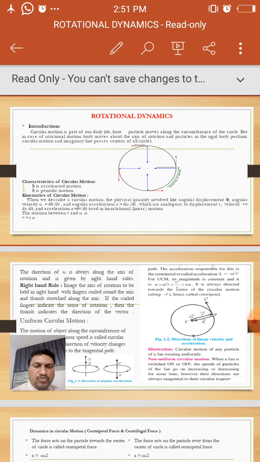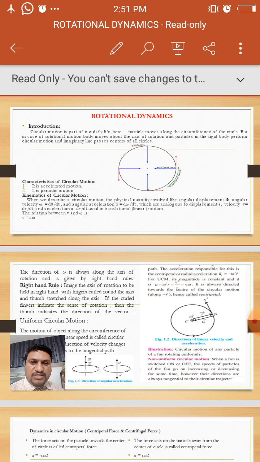In uniform circular motion, the acceleration of the particle is a = r omega square. This is the centripetal acceleration, also the radial acceleration. It is called centripetal because it is directed toward the center of the circle, and radial because it is along the radius.